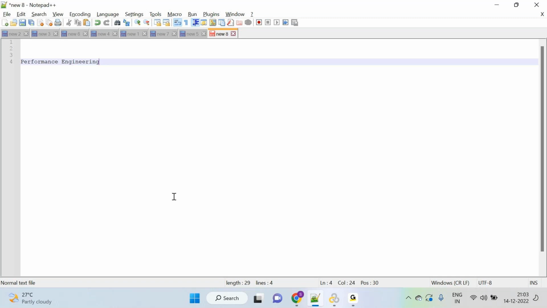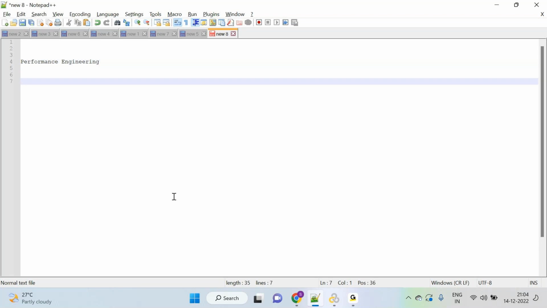Performance testers are only doing the testing activity. Based on the NFRs that are available, they prepare the script, execute it, and provide the numbers.